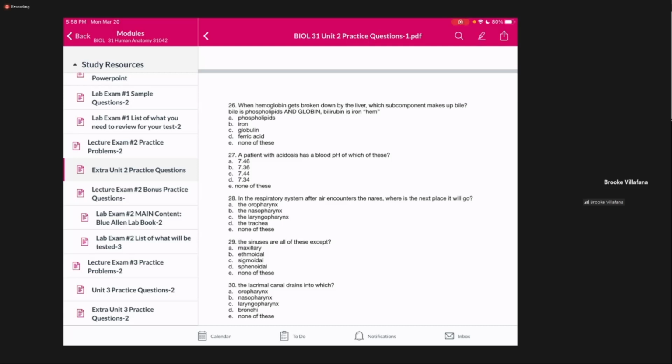All right, 27. A patient with acidosis has a blood pH of which of these? Remember, your range for pH is 7.35 to 7.45. So a patient with acidosis has a blood pH of which? If you said D, that would be correct. So 7.35 to 7.45 is your range.